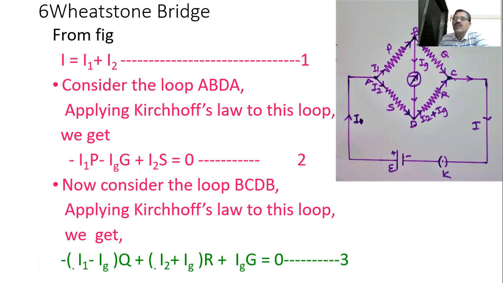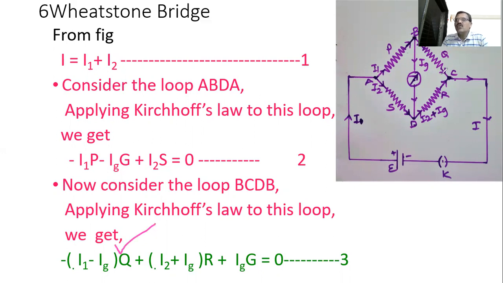Let's go from B to C. Here, the direction of tracing is from B to C, and the direction of current is also the same. Therefore, the potential difference across this resistor, I1 minus Ig into Q, will be negative.